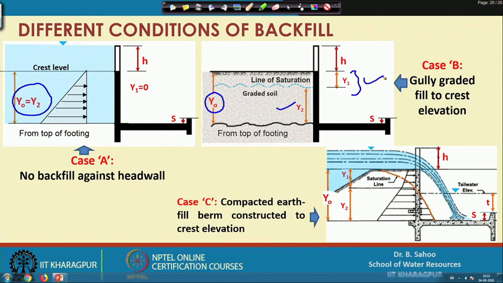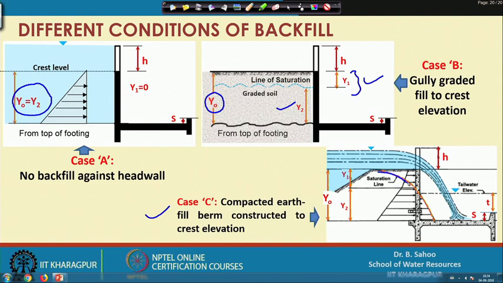So, this is the case B condition, and case C condition is for compacted earth fill constructed to crest elevation. You can see here in this case there is a tailwater. The tailwater depth is given as T plus S, and the saturation line is shown here.